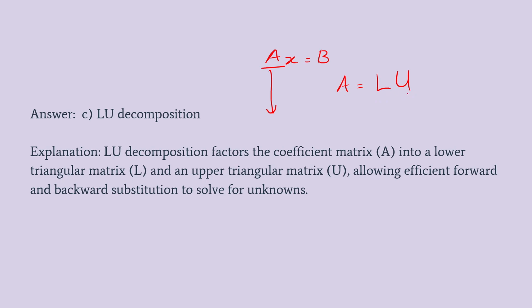So there are two sets of matrices, and in this we have to do the forward as well as the backward substitution. So option C, LU decomposition is the answer.